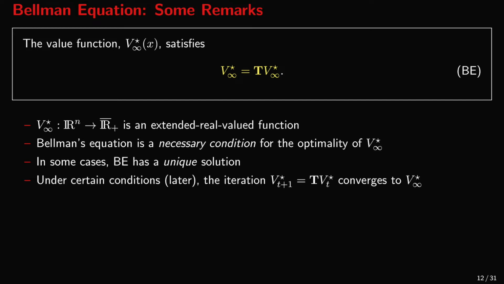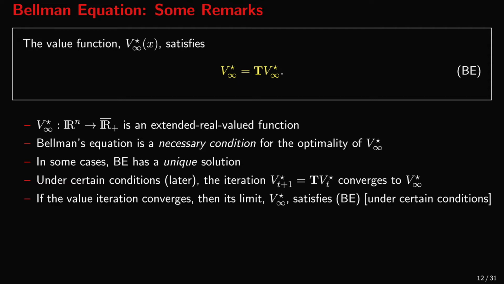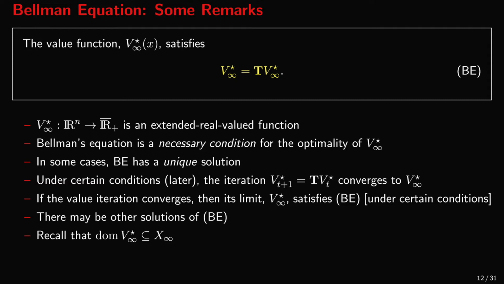Under certain conditions that we will talk about later, the dynamic programming iteration vt plus 1 star equals T of vt star converges to the function v infinity star. If the value function iteration converges, then the limit v infinity star satisfies Bellman's equation. There may be other solutions of Bellman's equation that are not equal to v infinity star. Lastly, recall that the domain of v infinity star is a subset of X infinity.